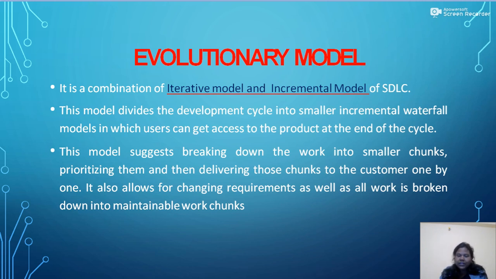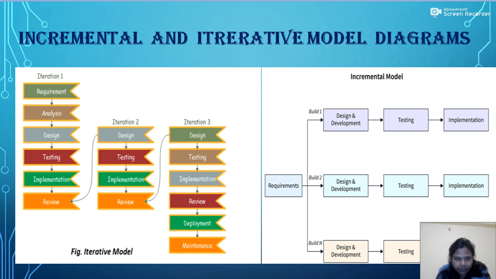After completion of all phases, lastly it is delivered to the customer, and after that the customer gives feedback to the software developer. But the iterative model is the advanced version of the waterfall model, where little bit modifications are there. So let's see a diagram here so that it will be clear to all of you.